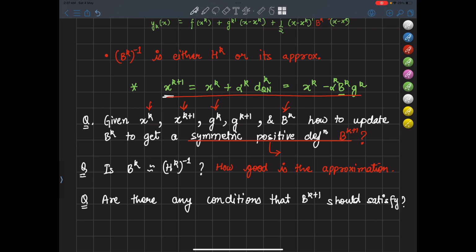All right, so these are the three questions that we'll answer one by one. So let's try to answer the first question first.